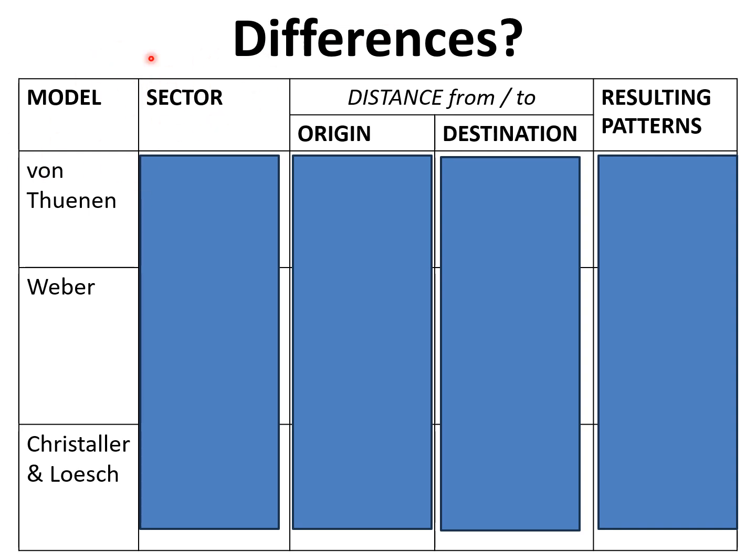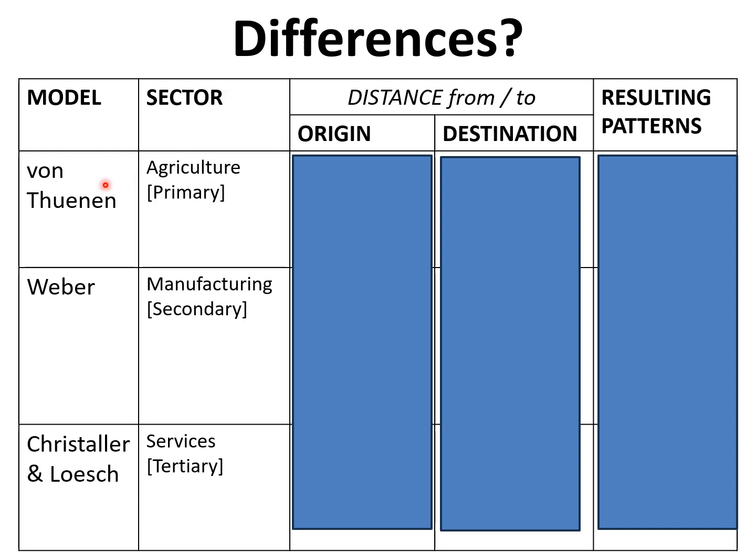If we think about von Thunen, that's a model of agricultural land rent. That's part of the primary sector. Weber's model of industrial location: industrial in that sense means manufacturing, right? In the examples we had in class, we were making screws or nails. I think they were nails, out of iron ore and coal.